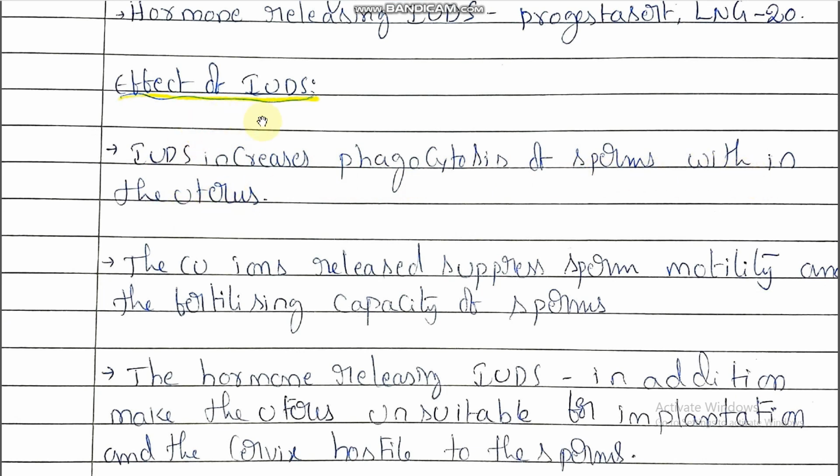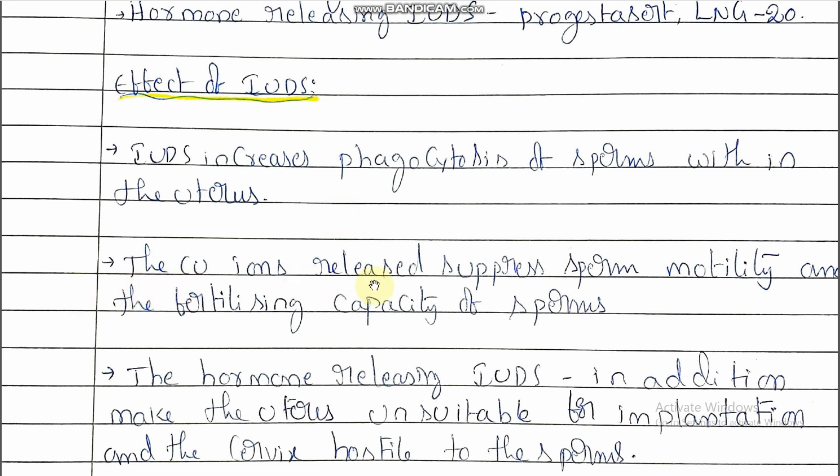On what principle do IUDs work? Phagocytosis means the sperms are directly engulfed by the chemicals present in the IUDs. Then obviously sperms do not reach the fallopian tube, so there is no fertilization and no pregnancy.